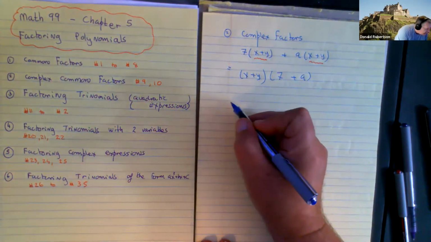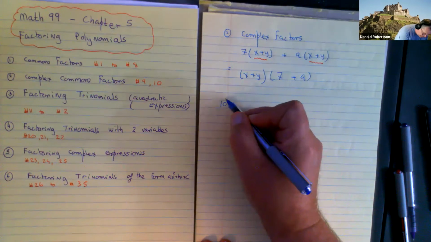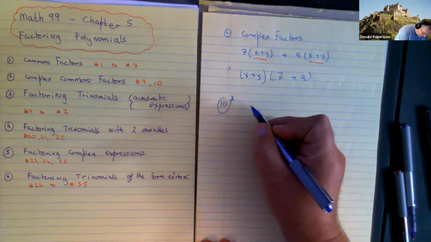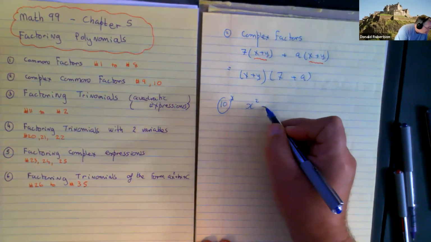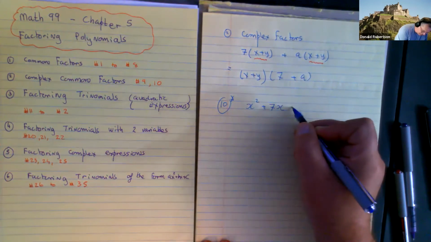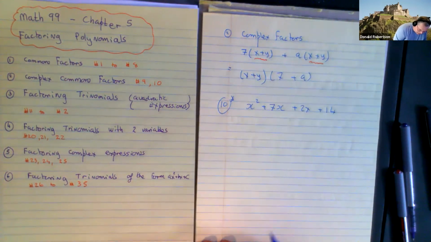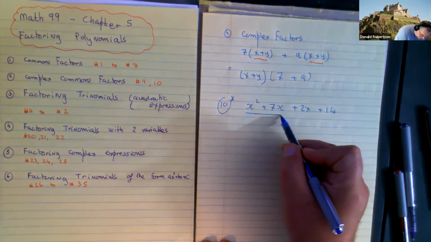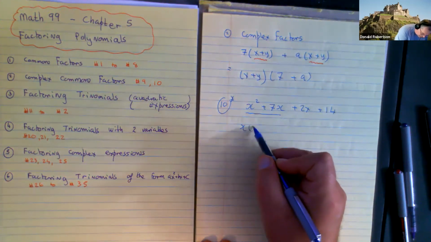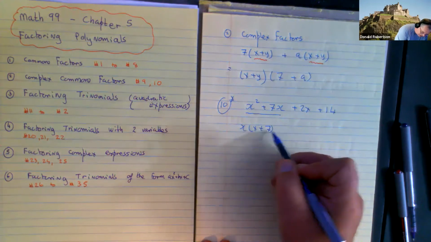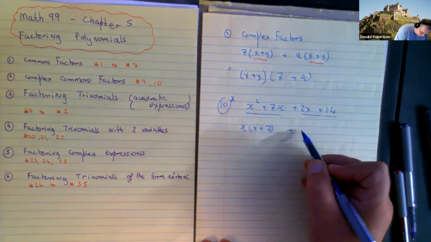Now, the next example of that would be question 10. And we have x squared plus 7x plus 2x plus 14. Now what I'm going to do here is take out a common factor of x and take out a common factor of 2.